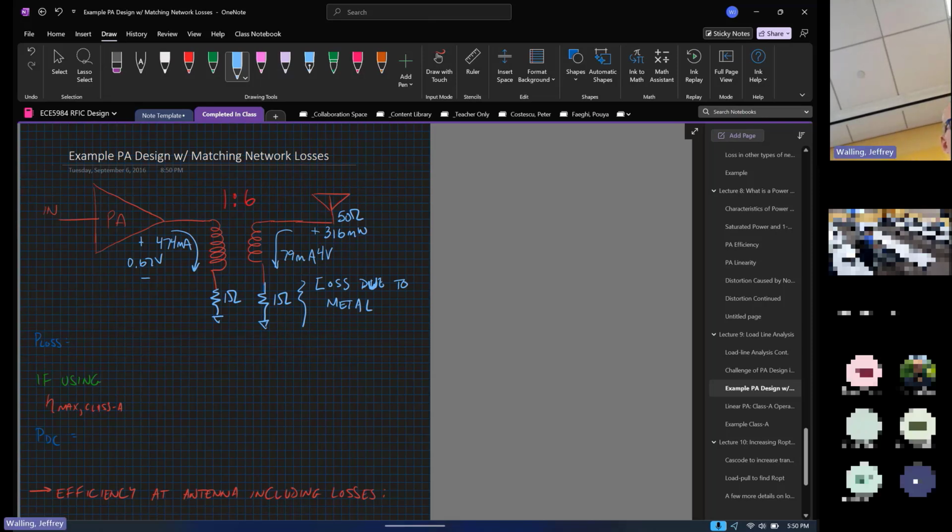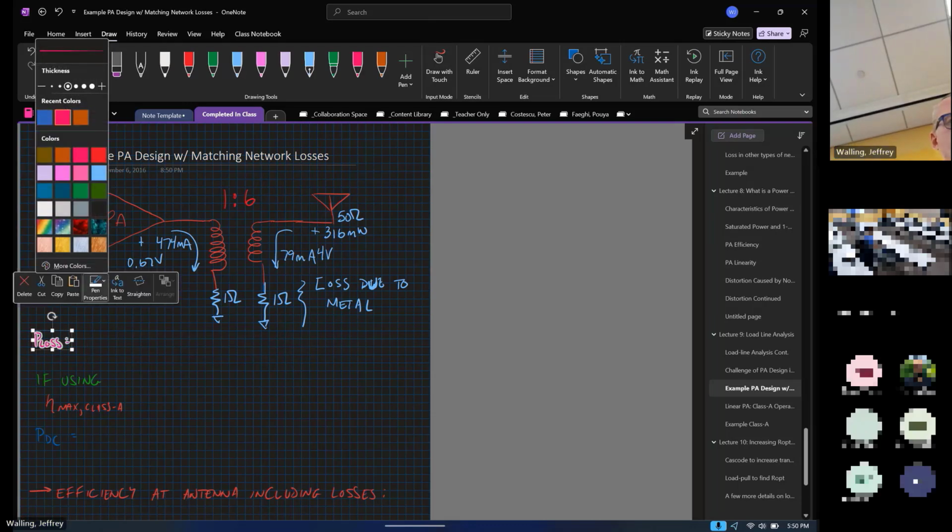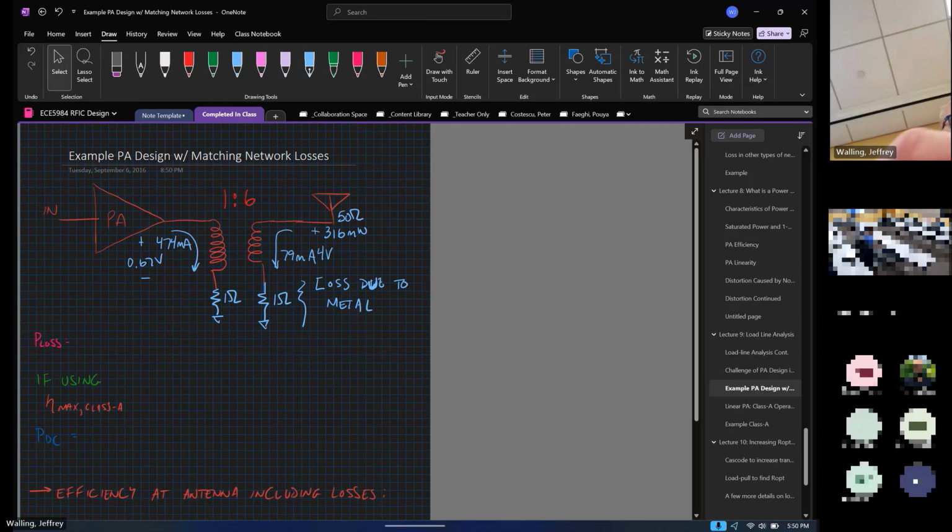All right, so let's figure out what the power loss is. Well, 1/2 I squared R is a good estimate.